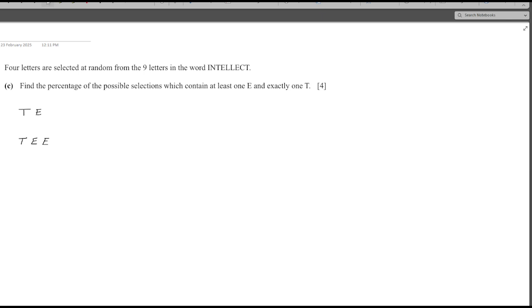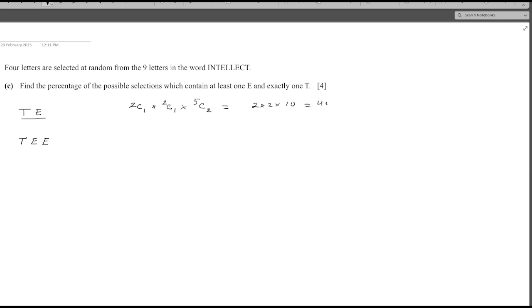From 2T, 1T can be selected in 2C1 ways, 1E can be selected in 2C1 ways, and the remaining 2 alphabets can be selected in 5C2 ways. So it is 2 times 2 times 5C2, which is 10.